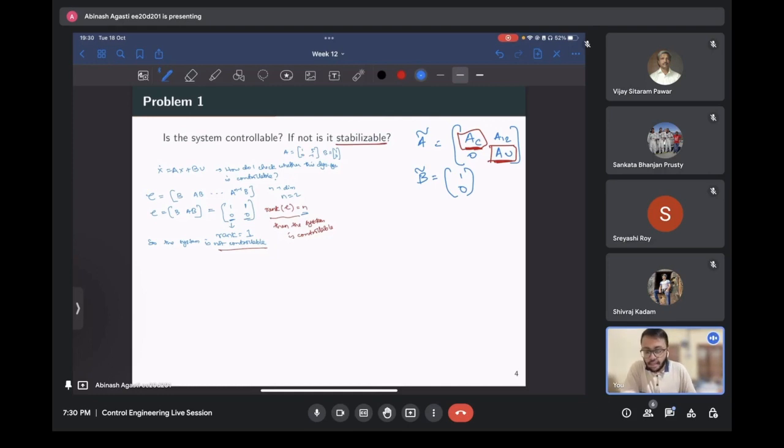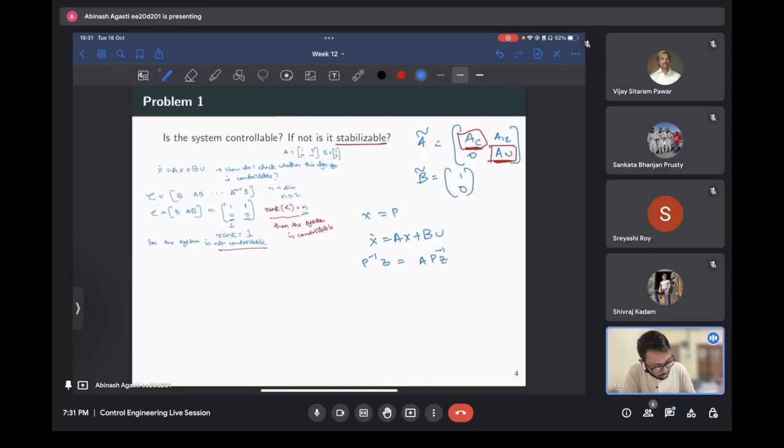So to get this similarity transformation, we'll write z equal to P inverse x.